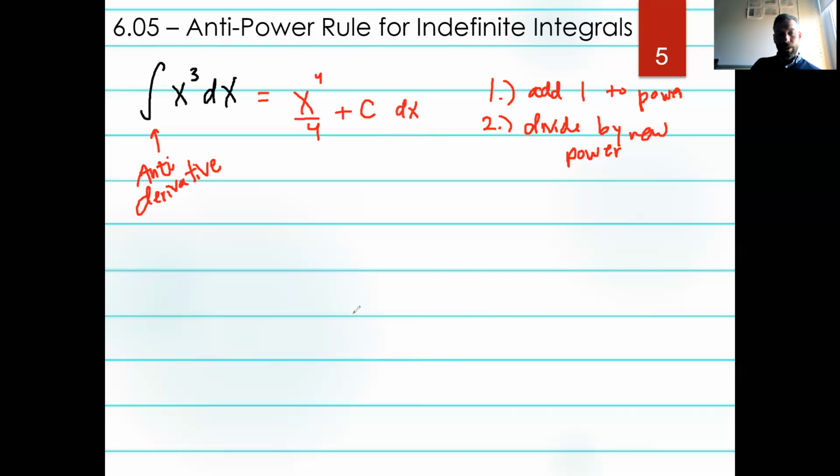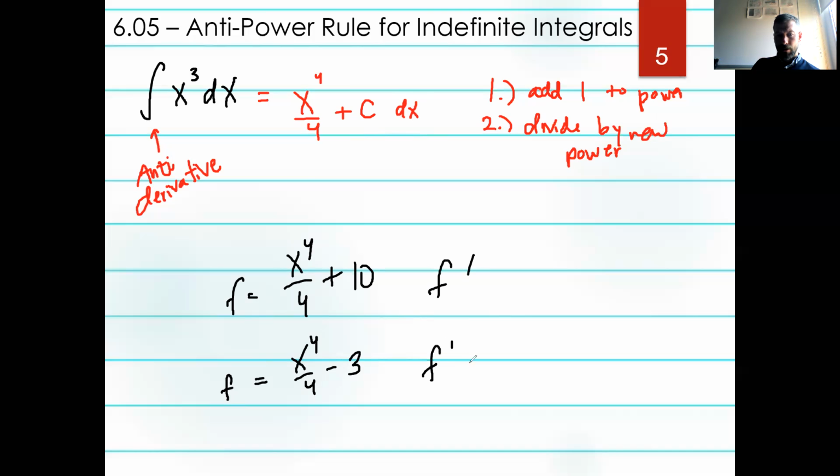And the reason we have a plus c is because if you think about taking the derivative here, you do not need to write this down: x to the fourth over 4 plus 10, or x to the fourth over 4, sorry, minus 3. If I take the derivative of each one of these, let's call these f, and I find f prime in each case, I'd bring that 4 down front and have 4 times x to the third over 4.